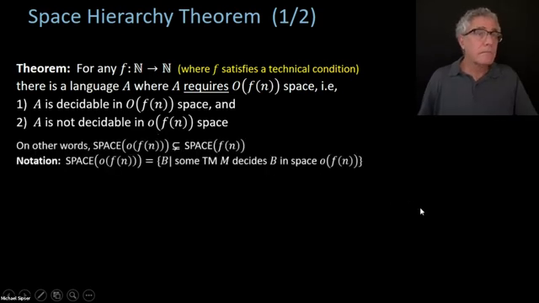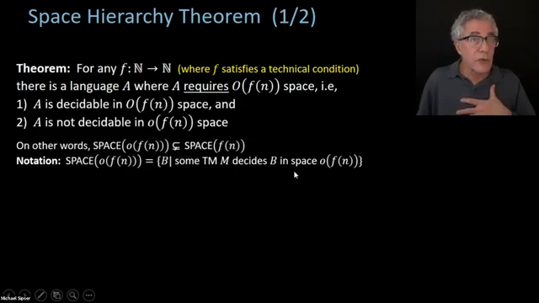Okay. Framing it in a slightly different way in terms of our space classes. I'm going to define a notion which is not said this way in the book, but maybe it's a helpful way to write it down. It's space little o of f of n. Those are all the things that you can do in space that is little o of f of n.